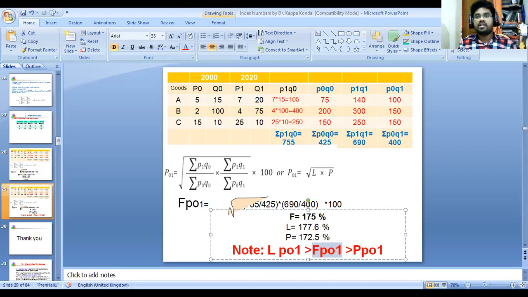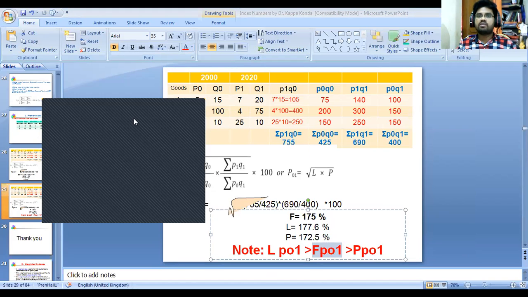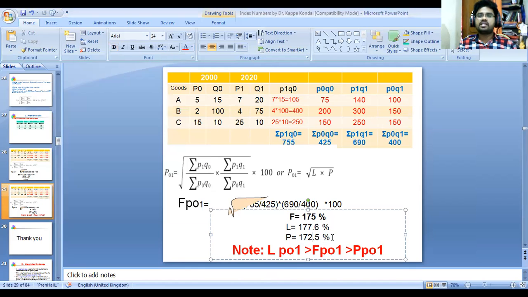For example, we can calculate whether it is average or not. When somebody calculates 177.6 plus 172.5 by 2, how much do you get? 175.05. So we can say it is average also, but it is not the exact average of Laspeyres and Paasche.